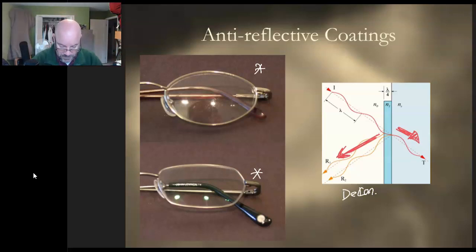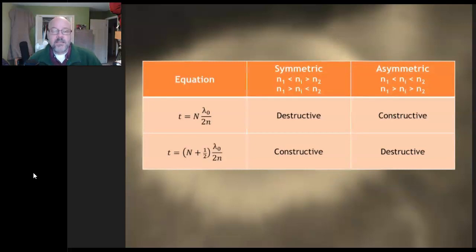All right, so here's the situation. This is the money shot. You might want to get a screenshot of this, because we've got both of our equations here and here. In one case they provide destructive, in the other case constructive, but they're opposites.